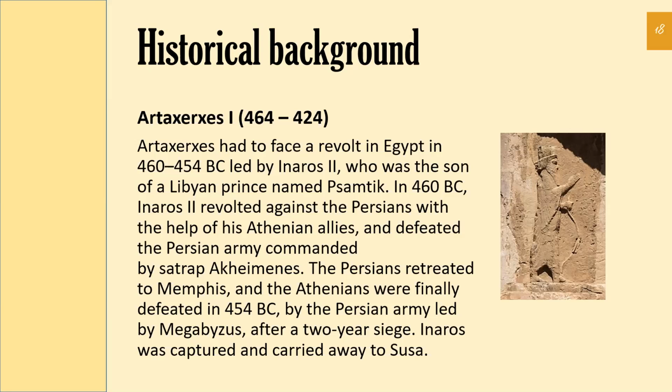And after that, it looks very strange, because in the same chapter 4, we can see that during his reign, some people wrote him a letter, and they said that Jerusalem is a rebellious city, and if the city is built, it means that they will not pay taxes, and it will be a big problem for the country, for the empire. And Artaxerxes stopped building the temple.